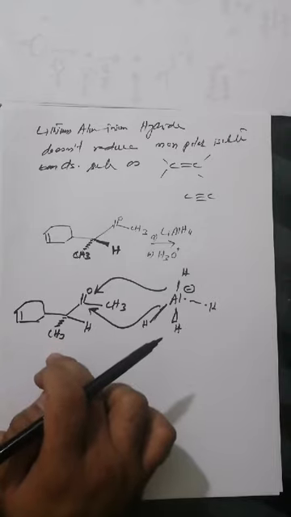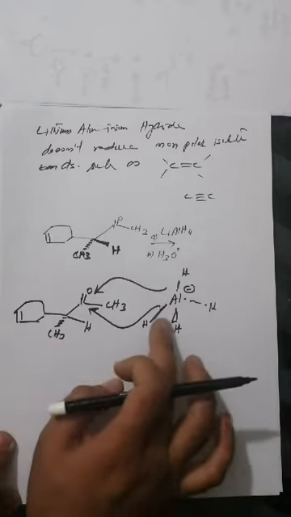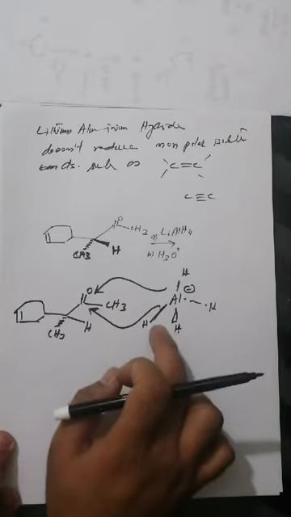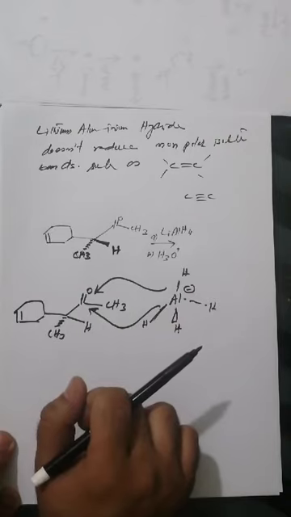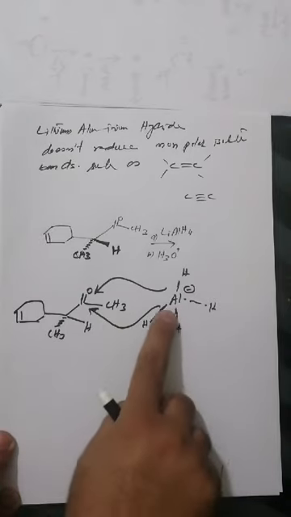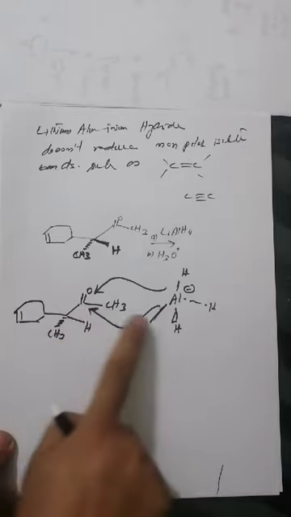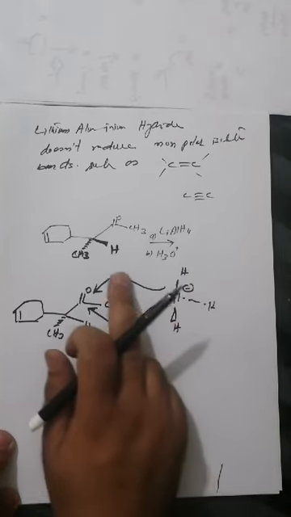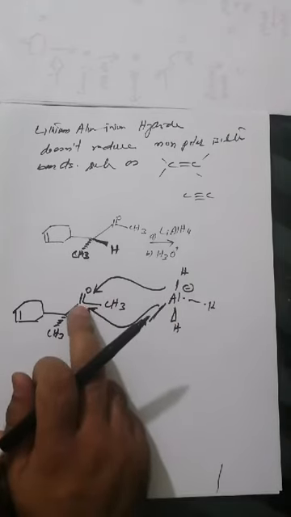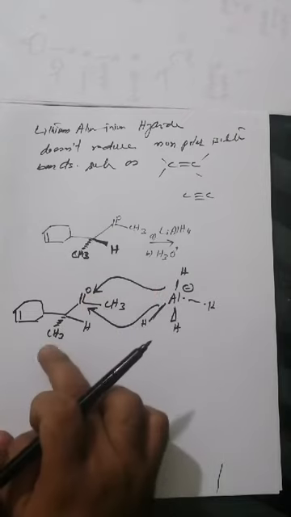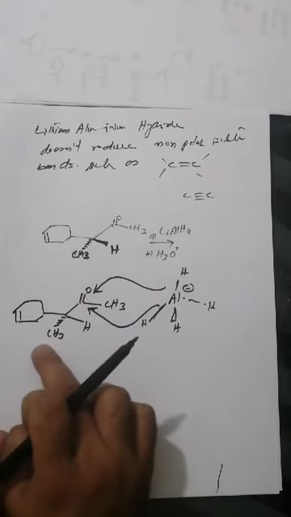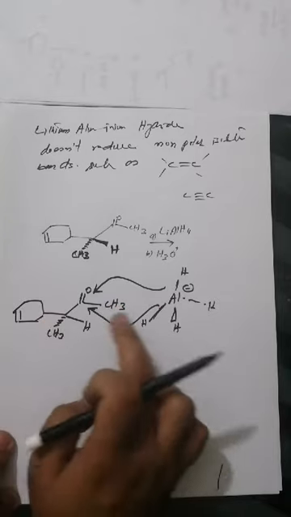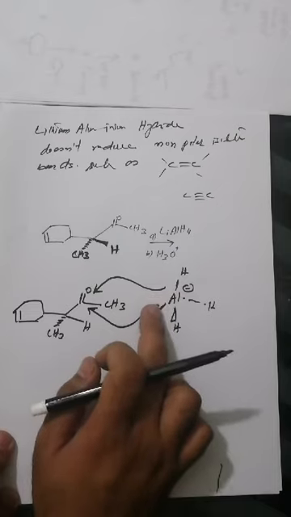So what do you think, which approach of this hydride ion, or this bigger lithium aluminum hydride, will be more feasible? Will the hydride ion attack from the front side or from the back side? When lithium aluminum hydride approaches the keto group from the back side, there would be steric hindrance during the approach between this methyl group and the bigger lithium aluminum hydride.